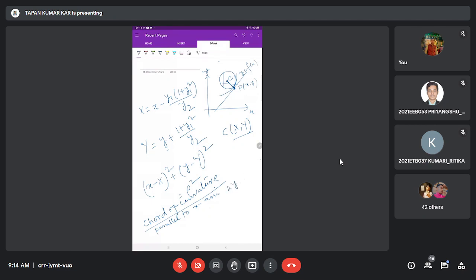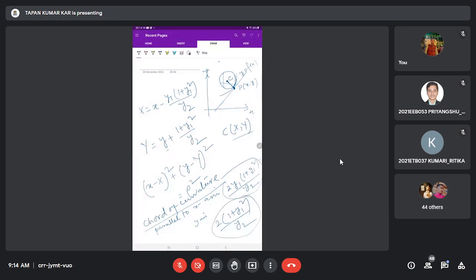2y1 into (1 plus y1 square) by y2, and parallel to the y-axis is 2 into (1 plus y1 square) by y2. This is the length of the chord parallel to the x-axis. This is the length of the chord parallel to the y-axis.